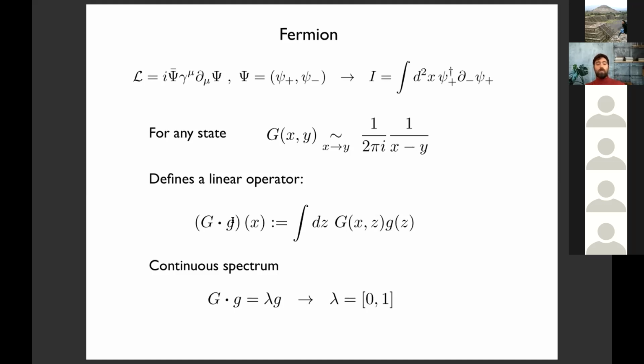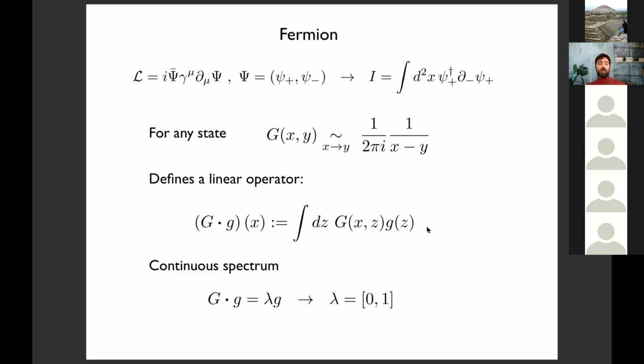So if you have some smooth trial function g, then you define the action of the propagator on that function simply by contracting these two indices and summing, which is doing an integral over some region that we're going to specify later. So every time you see this dot here between two functions, it means that we're multiplying them in this way.